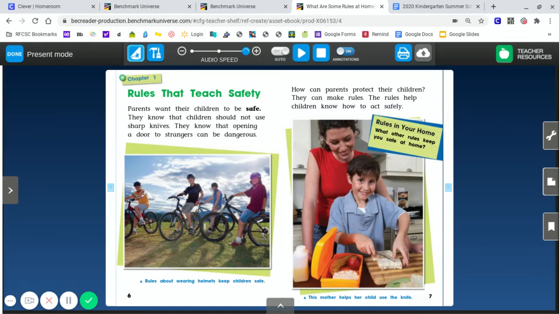They can make rules. The rules help children know how to act safely. Rules about wearing helmets keep children safe. This mother helps her child use the knife. Rules in your home. What other rules keep you safe at home?